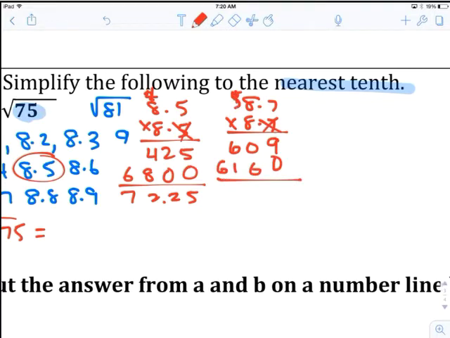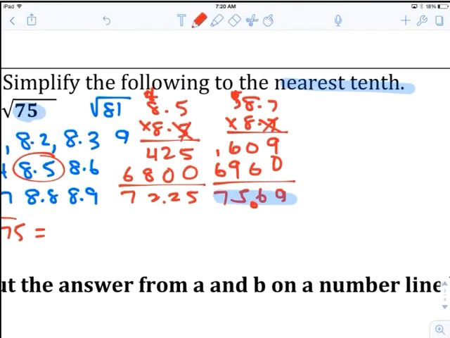Oh no, not 61. 8 times 8, 64, plus 5 is 69. If I multiply wrong, it's bound to be wrong. 9, 6, 18, carry 1. Hey! 75.69.